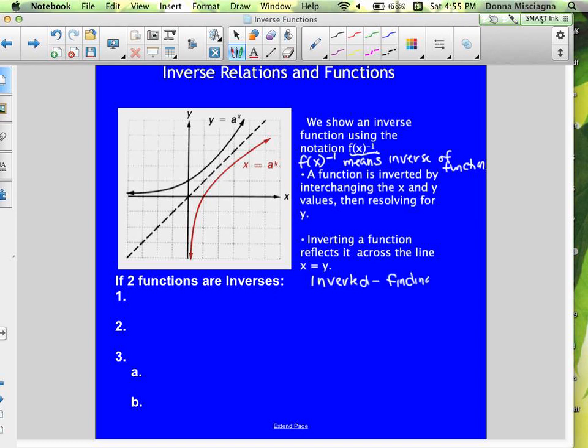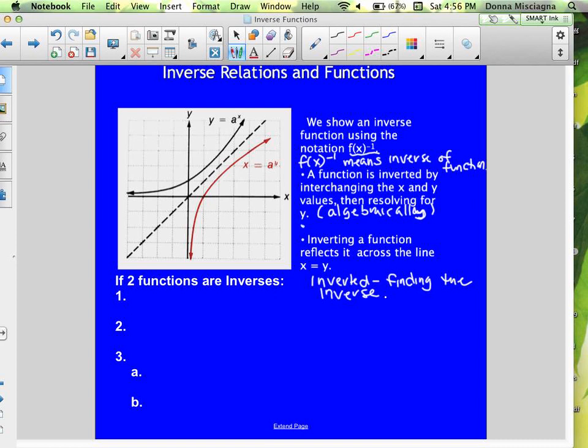Put that in your notes. A function is inverted by interchanging the x and y values and then resolving for y. This is solving for our inverse algebraically. We'll do this in the next lesson.